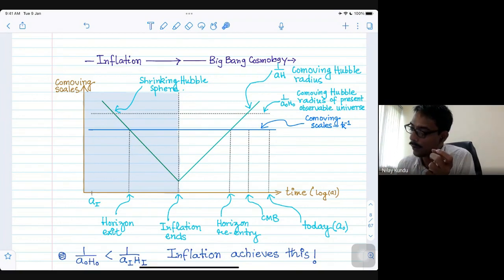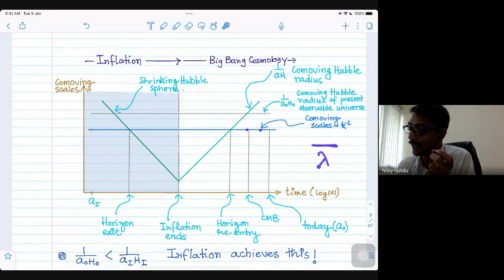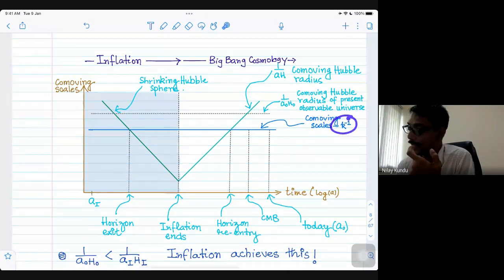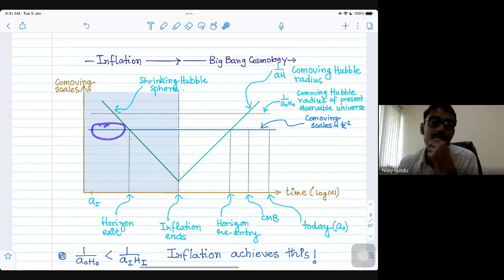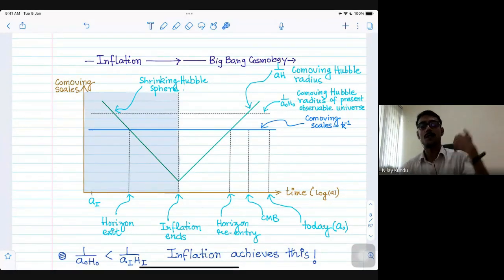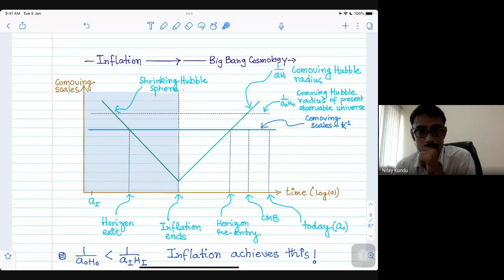So all modes which have some separation given by lambda, or the inverse of the wave number or momentum, which is a length scale, were all inside the Hubble radius in the very, very far past. So this is how the horizon problem is solved.